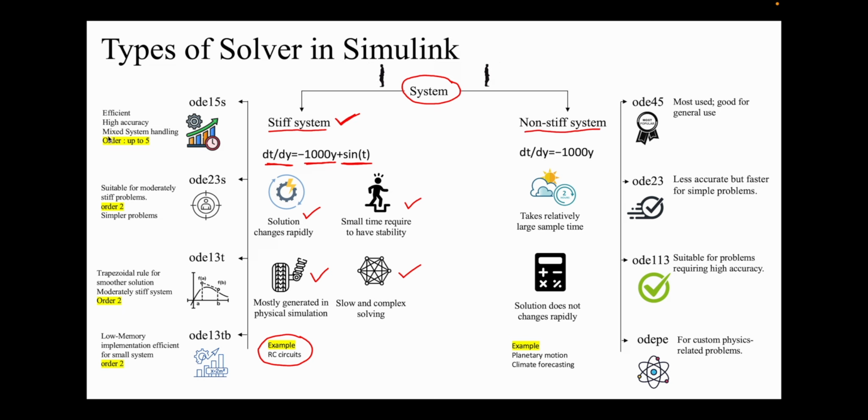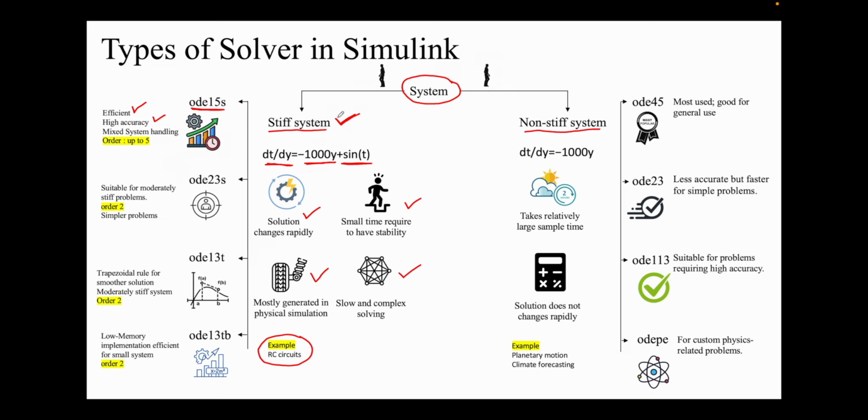Coming to the types of stiff solver that are available, the first and most popular solver that we have is ODE15S. The major advantage of this solver is that it solves very efficiently and with very high accuracy, and it can also handle mixed types of models.